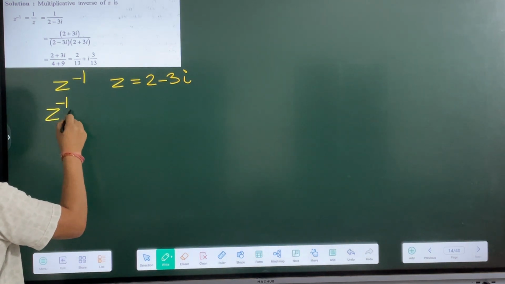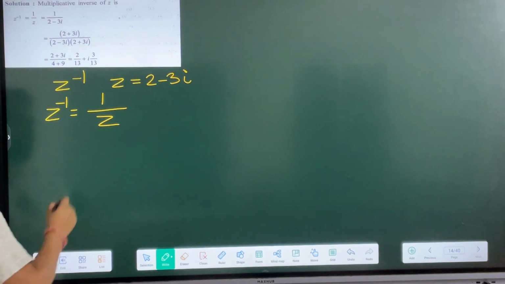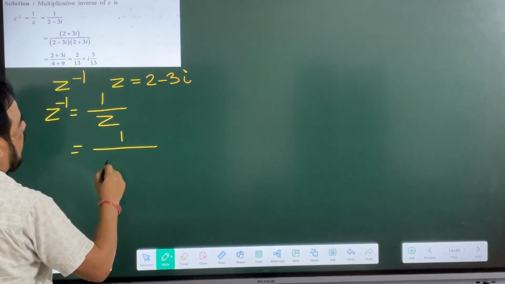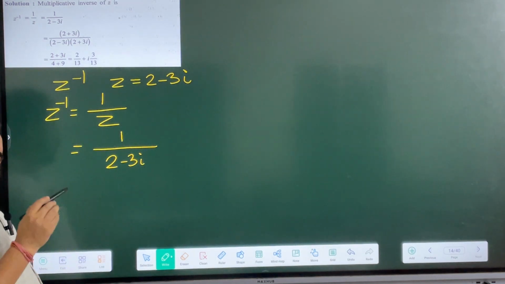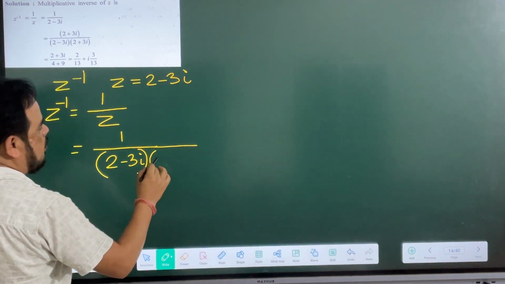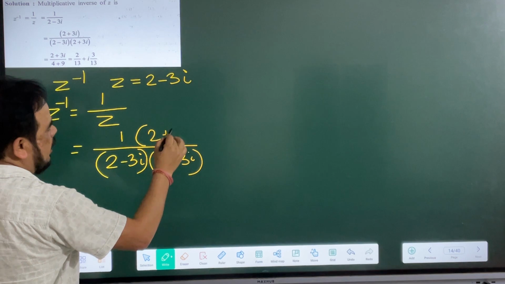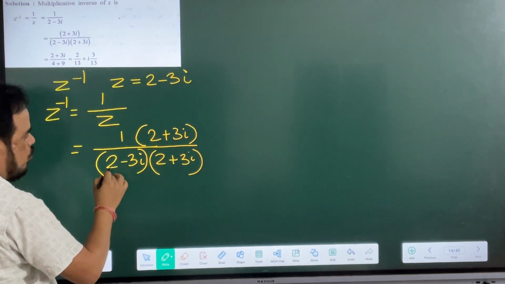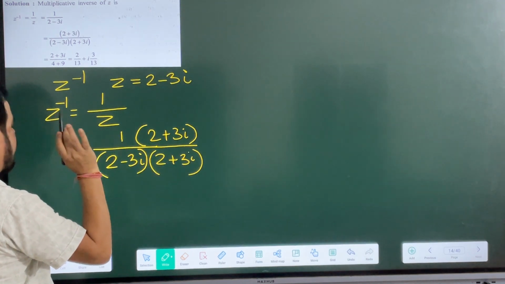Z inverse means, as I already explained, 1 by Z. So we will do the calculation 1 by 2 minus 3i. Whenever we get a complex number in the denominator, remember that always multiply by its opposite sign. Always. 2 minus 3i is there. So multiply by 2 plus 3i in numerator and denominator.